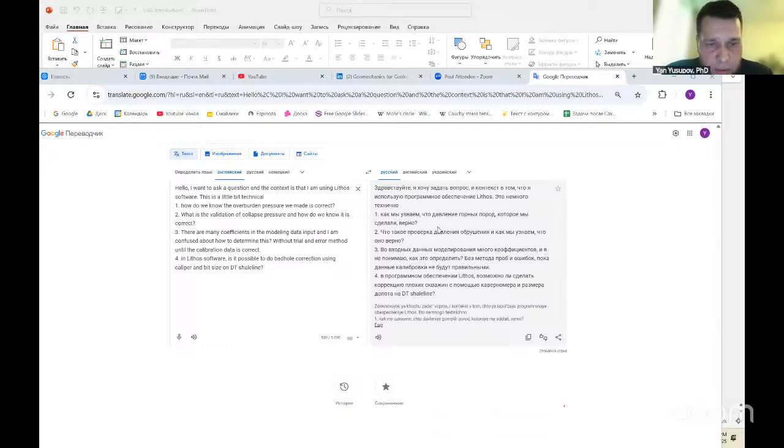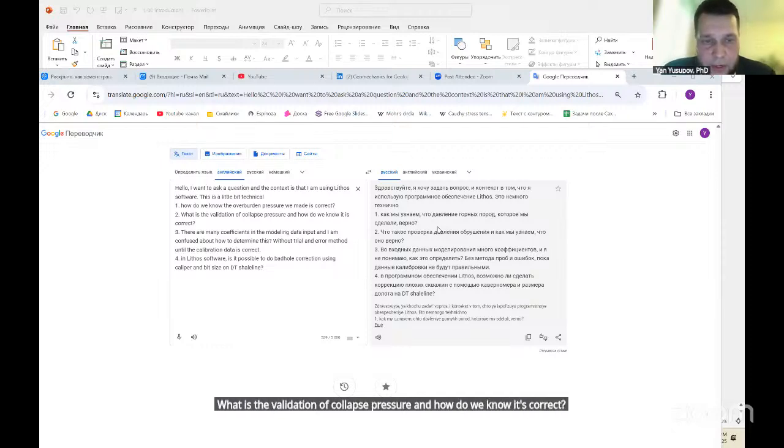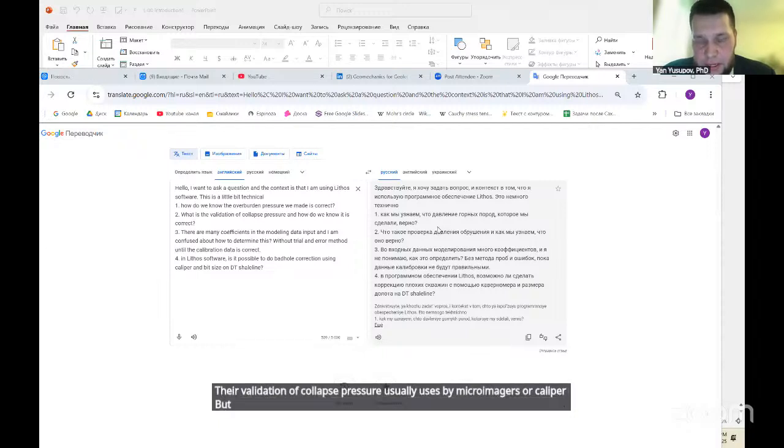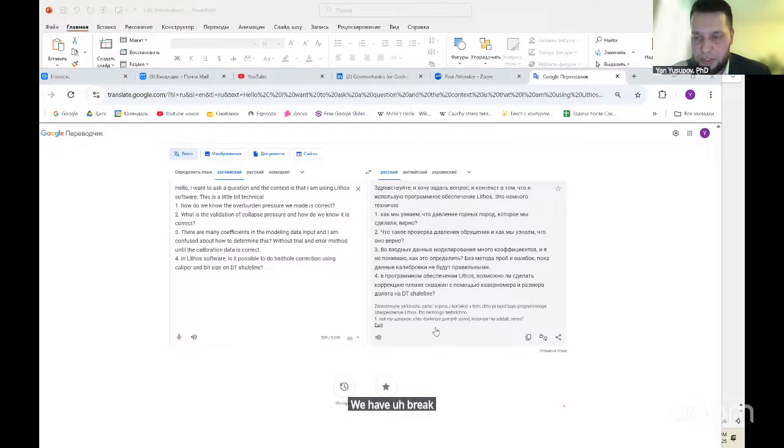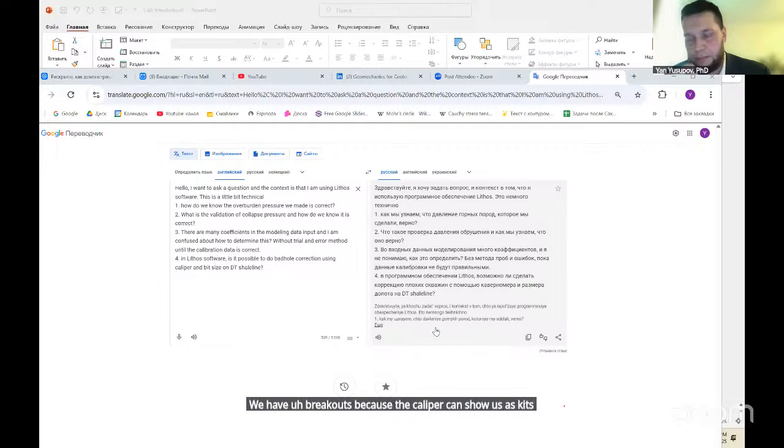What is the validation of collapse pressure and how do we know it's correct? The validation of collapse pressure usually uses micro-imagers or caliper. But before we check and calibrate the collapse pressure, we need to understand that we have breakouts, because the caliper can show us key seats and washouts and other types of damage on the well.